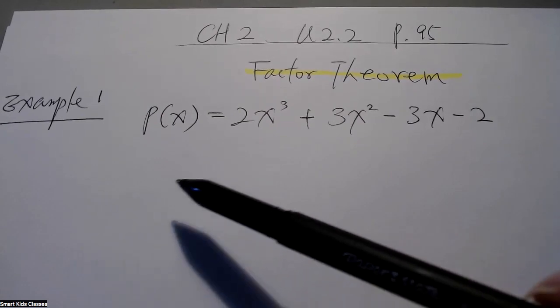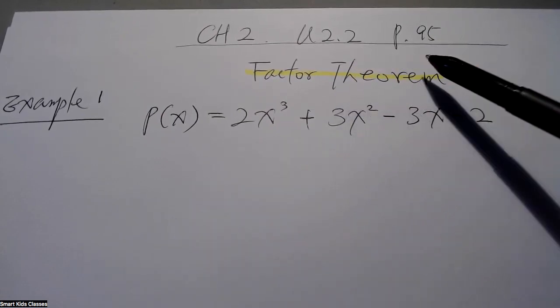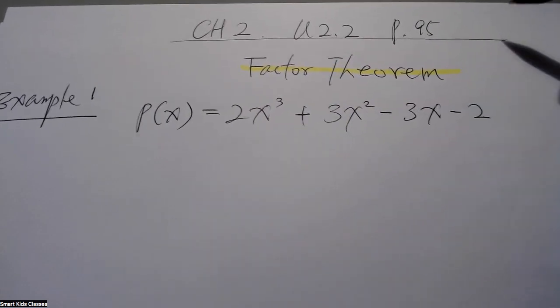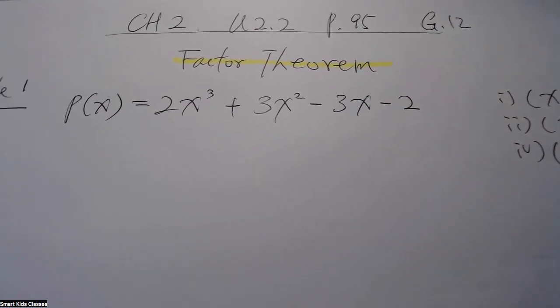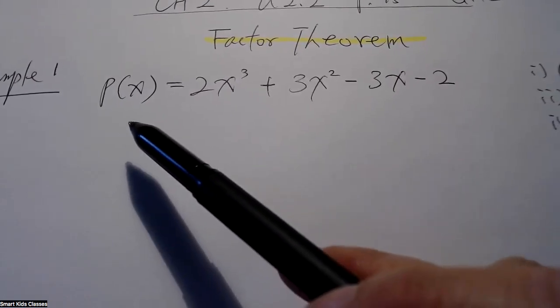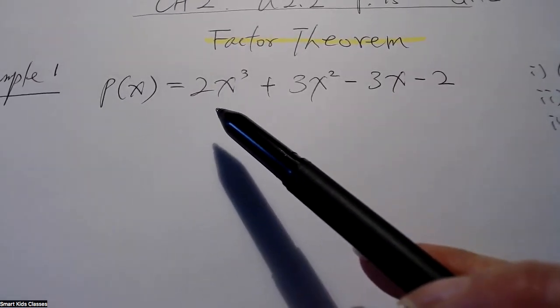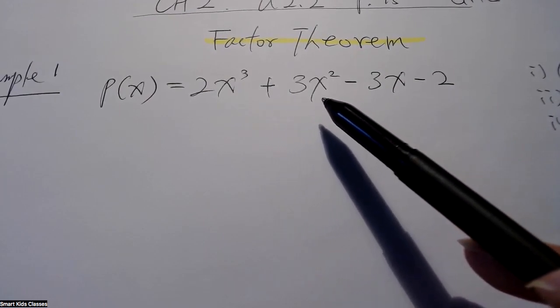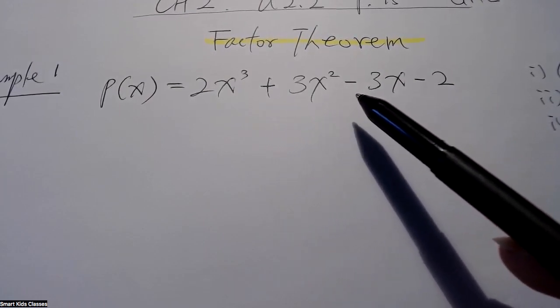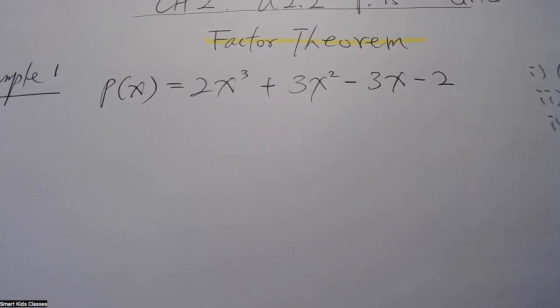Now, Example 1, Unit 2.2, page 95. The function is P(x) = x^3 + 3x^2 - 3x - 2.